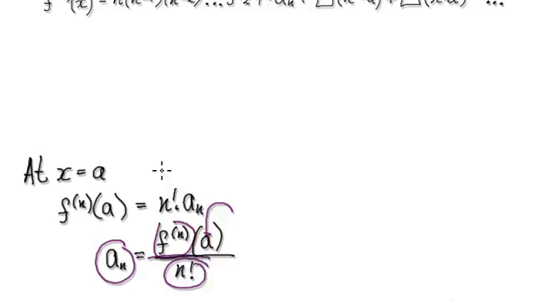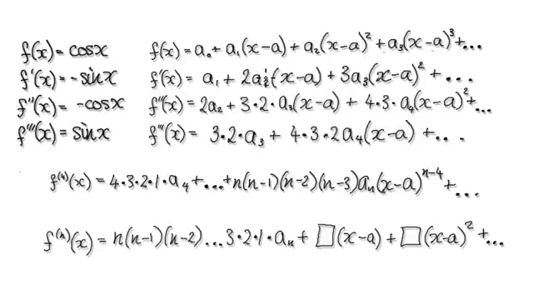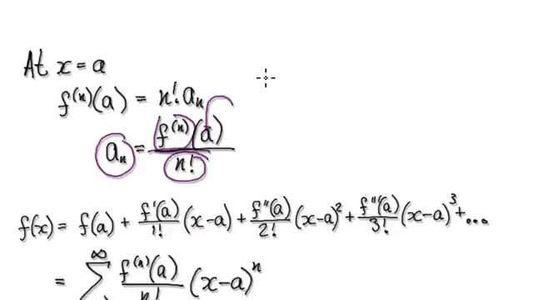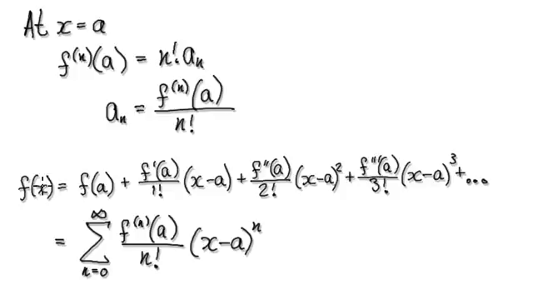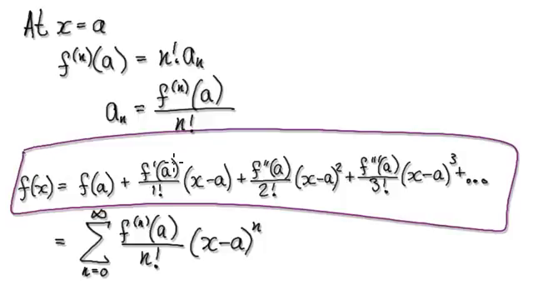If you follow this, it will then lead you to this. So your general nth function would look something like this. Okay, and then you can summarize it to this.